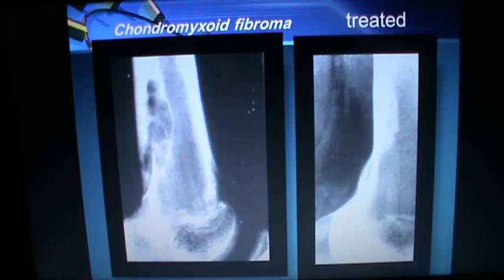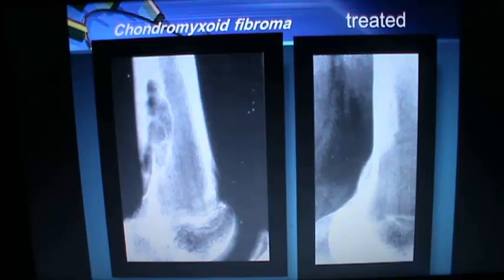So, both are fibrous origin. Chondromyxoid fibroma has additional chondroid matrix and myxoid tissue. Both show intact cortex. Both show bulging lesion into the marrow with a sclerosed margin.